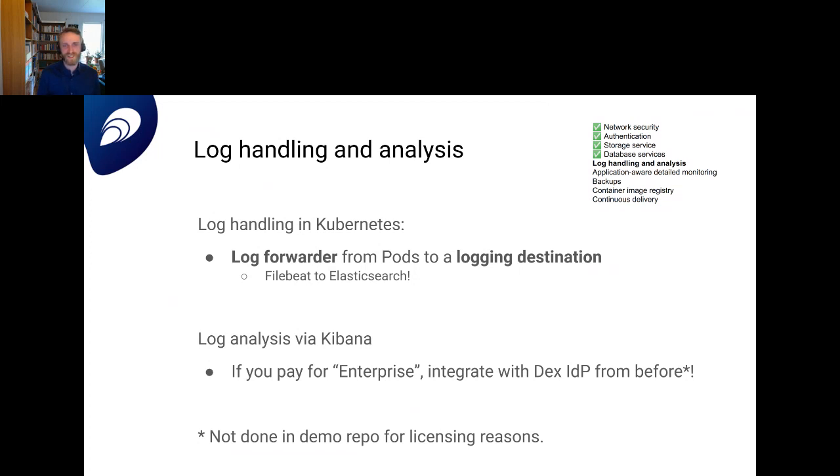So that is actually something that will not be exposed over the internet, but as we'll see, some others are. So it's not done in the demo repo for licensing reasons, but you can access Kibana by using your Kubernetes command line interface, kubectl. So you can access the service anyway that way.